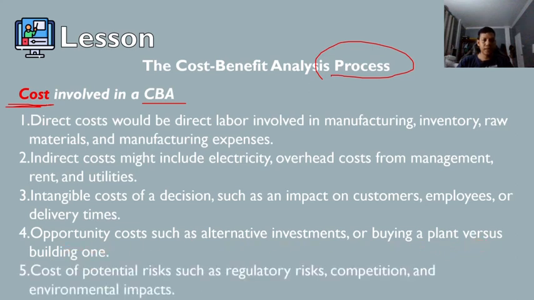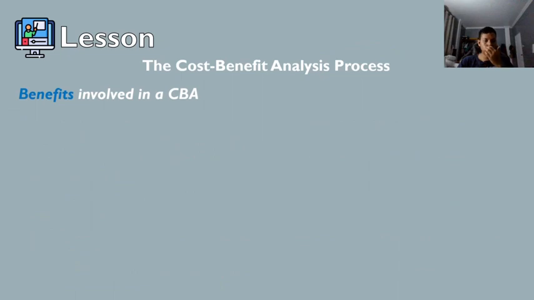Okay. And then lastly, number five, cost of potential risk, such as regulatory risk, competition, and environmental impacts. So these are the examples of the list of the costs that are involved in the cost benefit analysis or CBA. Now let's proceed. I will also share with you examples of the lists on the benefits.